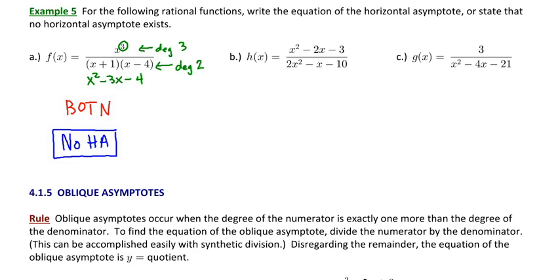For example B, we have h of x, who, notice, has degree 2 on the top and degree 2 on the bottom. So we have equal degrees. So this is the eats dog chow case. So E stands for equal degrees. That's what we have right here.